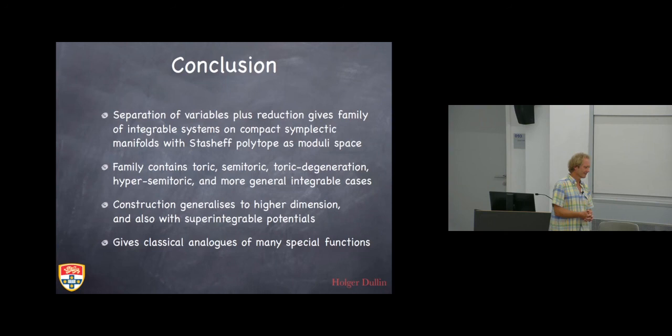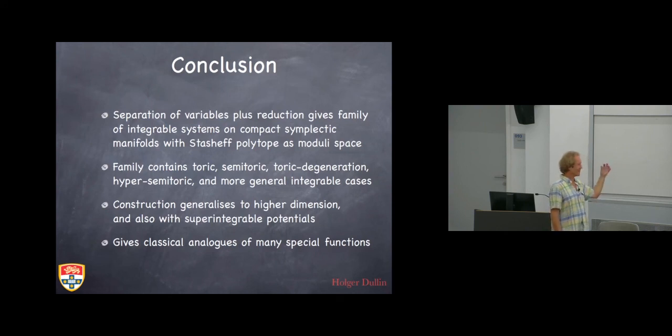Yeah. And last question. It is very nice, of course, that you get these polytopes and all these steps, but you don't gain any knowledge about the original system. That's certainly true, yeah. But my claim is that you do gain knowledge about the special functions that you obtain by separation of variables.